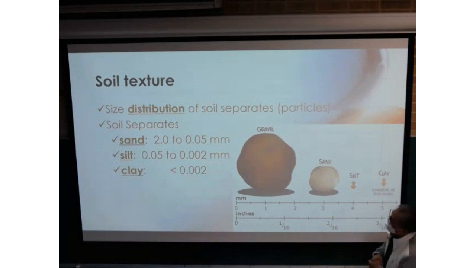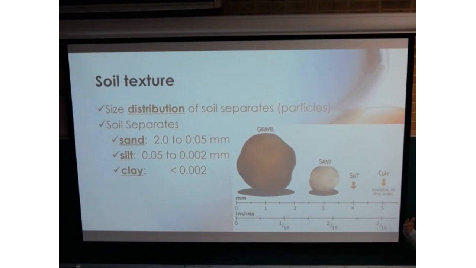If soil particle size is between 2 and 0.05 millimeter in diameter, watch out for the unit, okay, they're using millimeter, we call that sand particle. If soil particle size is between 0.05 and 0.002 millimeter, we call that silt. If soil particle size is less than 0.002 millimeter, we call that clay particle size.